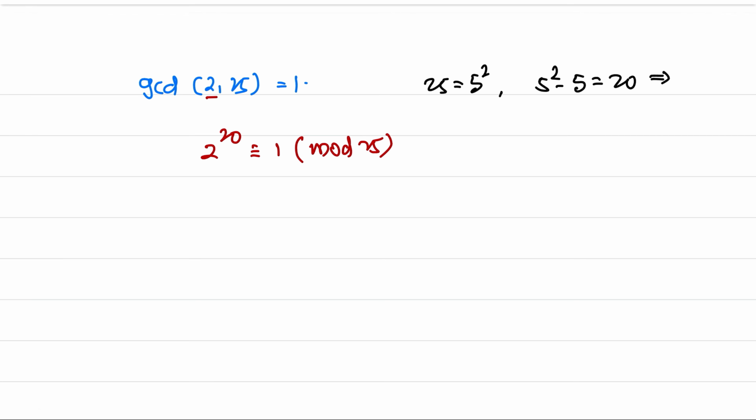Now, what will be the value of 2 to the power of 2027? This is nothing but 2 to the power of 20 to the power of 101 into 2 to the power of 7.